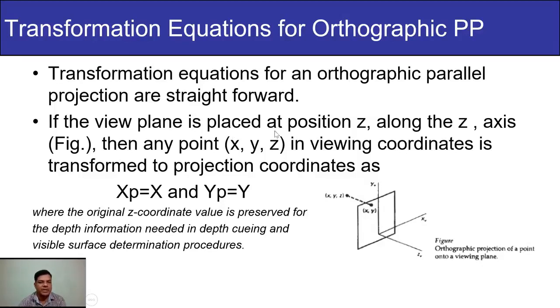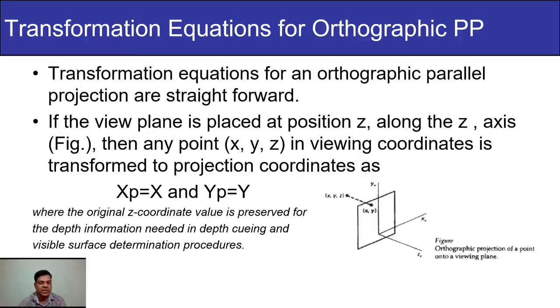If the view plane is placed at position z along the z-axis, then any point x, y, z in the viewing coordinates is transformed to the projection coordinates as xp = x and yp = y. Here xp is the projected value along the x-axis and yp is the projected value along the y-axis.